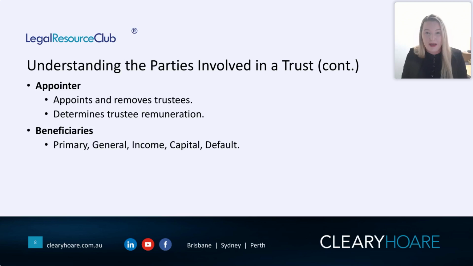So when we are looking at it from an asset protection viewpoint, we normally don't have default beneficiaries to avoid that income being applied to them. But again, it will depend on what the objectives of the client are.